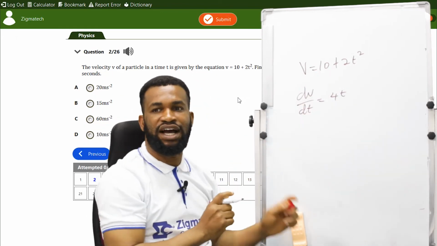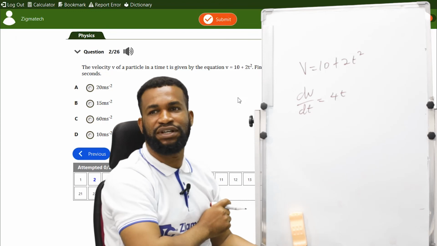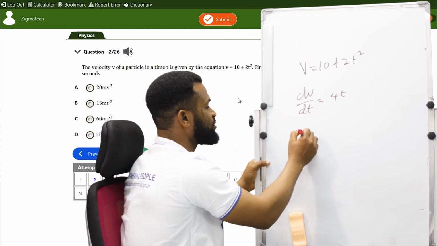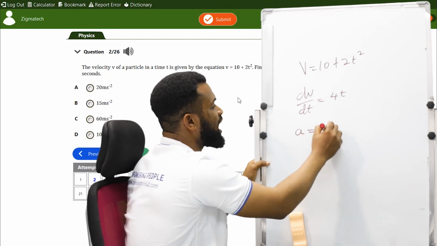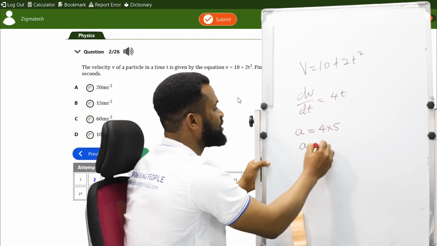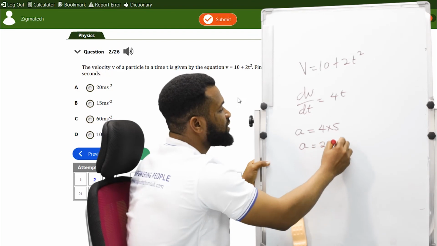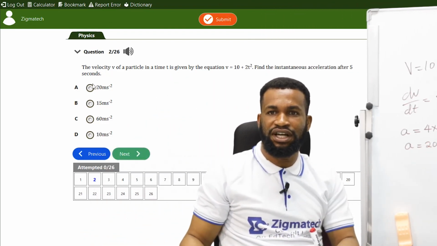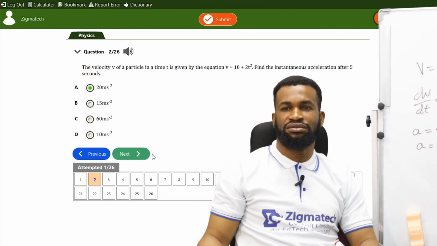And it said at a time of 5 seconds. That means dv/dt, the acceleration, is equal to 4 times 5. And the acceleration is 20 meters per second squared. And which option? Okay, that is option A.